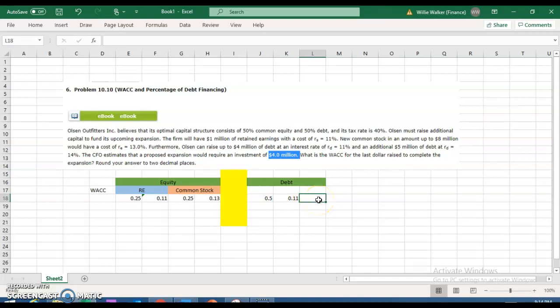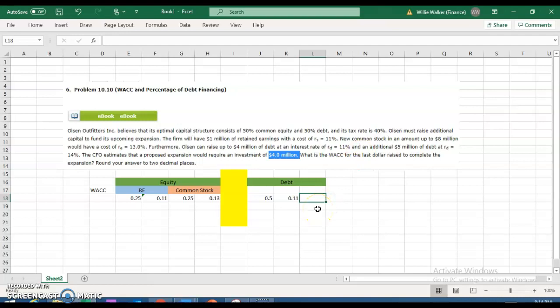And remember, when we're dealing with debt, we have to account for the amount that we're actually going to be spending in debt. So we get a tax deduction for using debt. Remember, companies can deduct interest payments, right? The problem is saying the company has an effective tax rate of 40%.